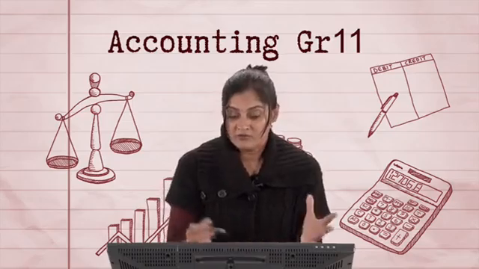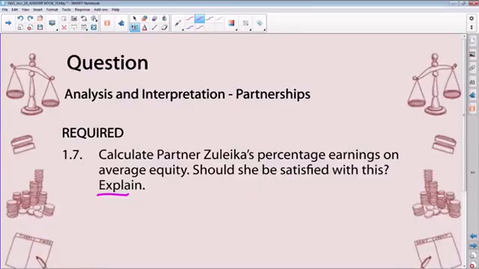That's exactly what this ratio is going to help us identify. Firstly, we're going to calculate her percentage return, the percentage earnings by partner Zuleika. And then we're going to comment on whether or not she will be satisfied with this.